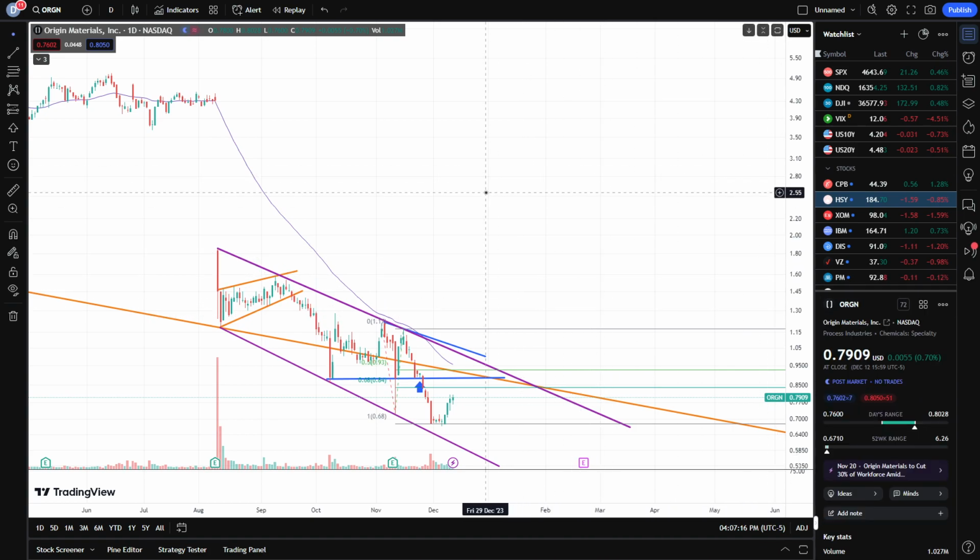Now again, I can appreciate the fact something like ORGN Materials may bring something a little bit different to the table. I understand their decarbonization and they're trying to recycle and reuse all these materials. Like, yeah, listen, great story, great story. Until you're actually doing it and beating earnings and growing revenue, you're not worth my energy or attention.